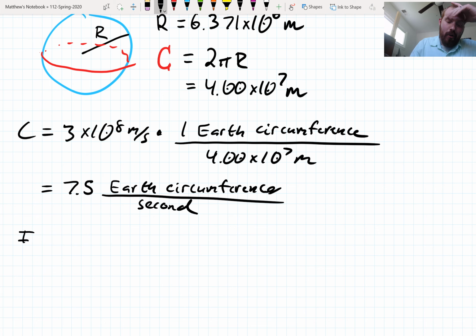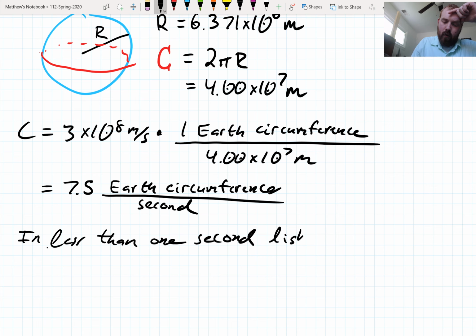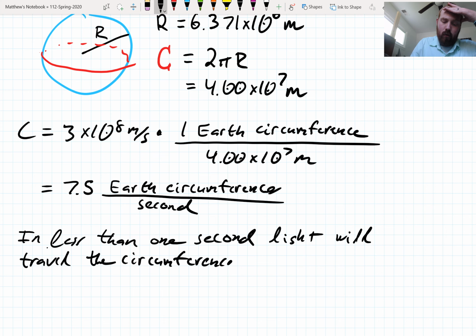So what this means is that in less than 1 second, light will travel the circumference of Earth 7 times. A second, we've gone halfway around again. So in less than 1 second, light travels the circumference of Earth 7 times.